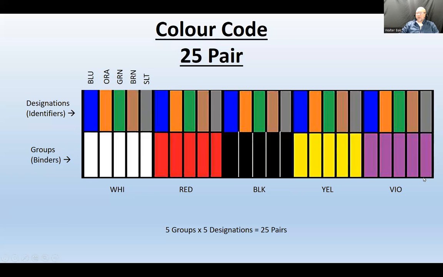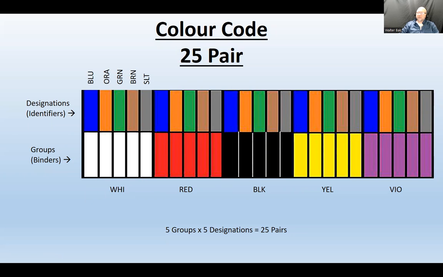Now, we have dealt already with the first 4 colors of the 25 pair color code by connecting the Cat 5e cables to different connectors. And those would be the blue pair, the orange pair, the green pair, and the brown pair, because Cat 5e has only 4 pairs.